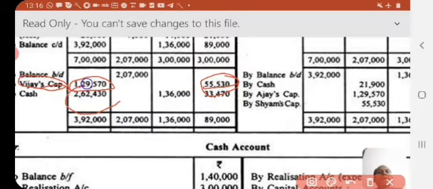And this is the remaining balance to the partners to be paid by the firm.